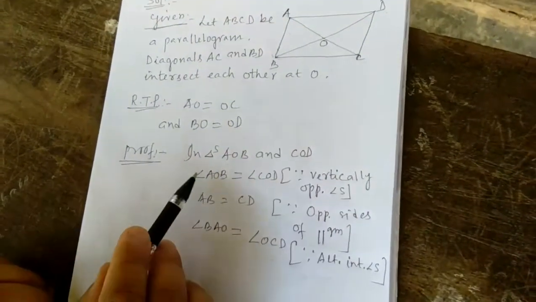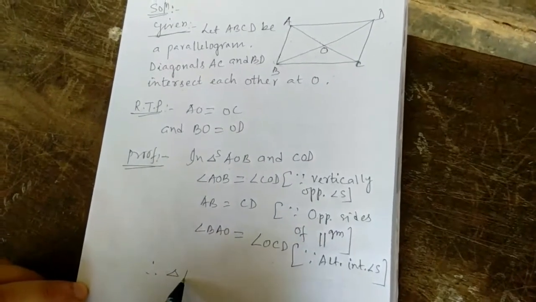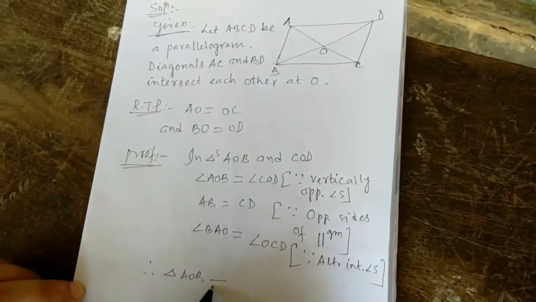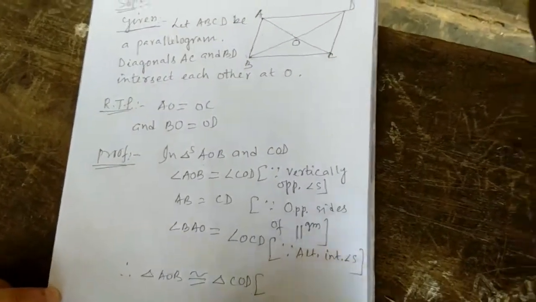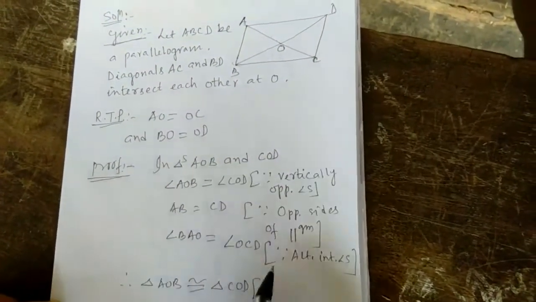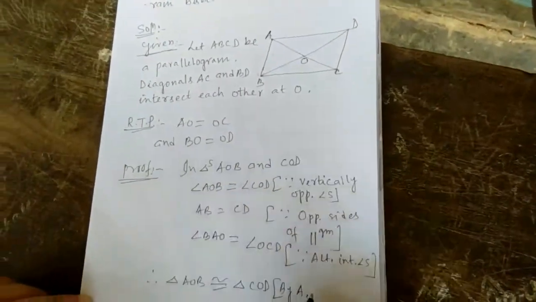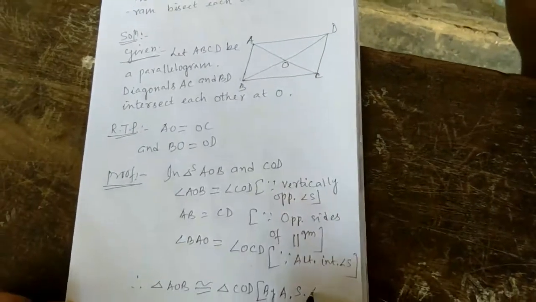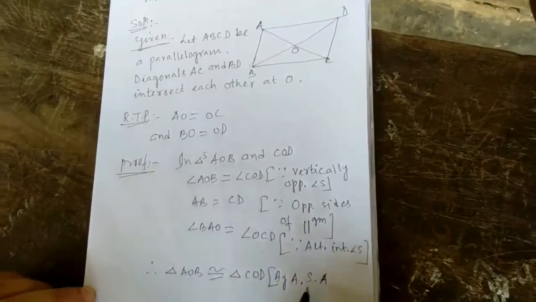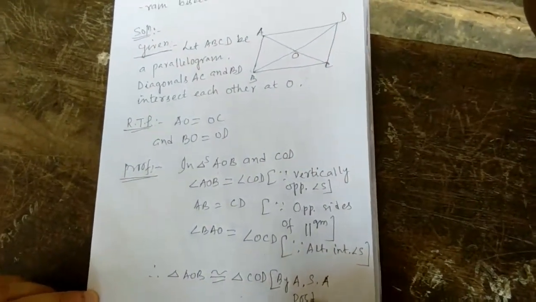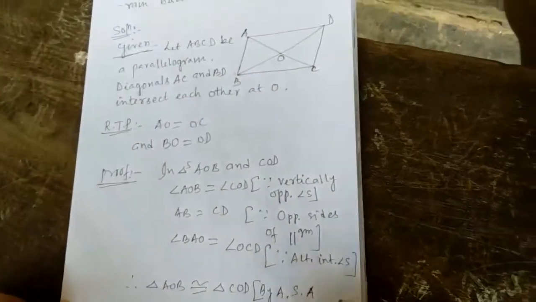So we have three parts: 1 part, 2 parts, 3 parts. So directly write, therefore triangle AOB is congruent to triangle COD. By what postulate? This is angle, this is side, this is angle, so by angle side angle postulate.